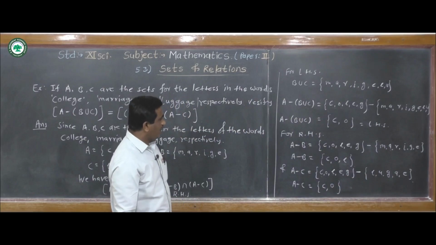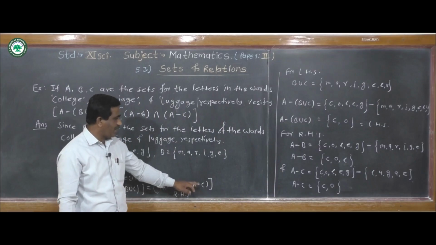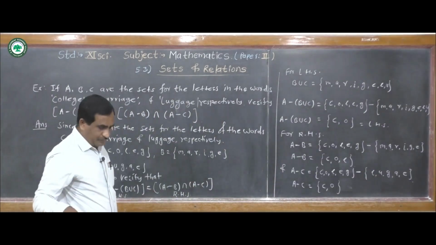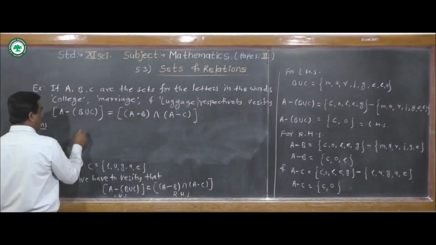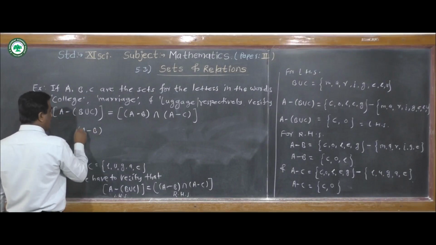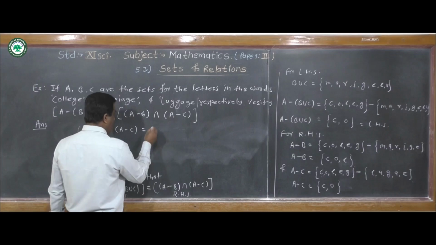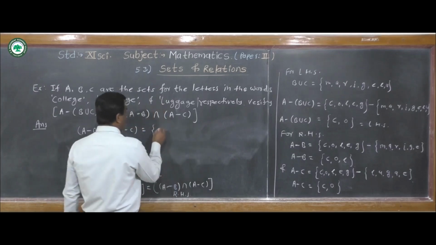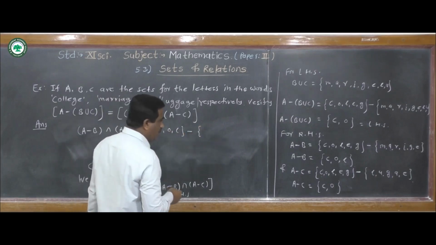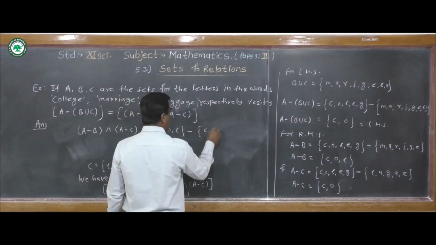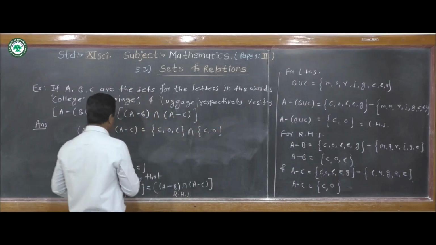Okay, now we have to take the intersection of these two sets, A minus B intersection A minus C. Now we can write here A minus B intersection A minus C is equal to A minus B means in curly bracket C, O, L, and A minus C means C, O. That's why we have to find here the intersection of these two sets.